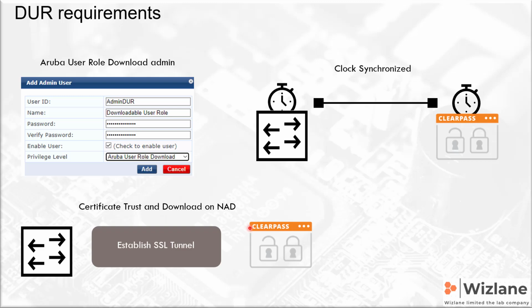So they need to trust the CA, i.e. the certificate authority, that has signed the ClearPass certificate, on the switch itself. That CA can be ClearPass itself because, as we have seen before, ClearPass can generate a self-signed certificate. So it has to be trusted by the switch. Details, of course, can be seen in the documentation, but I do have a video on that.